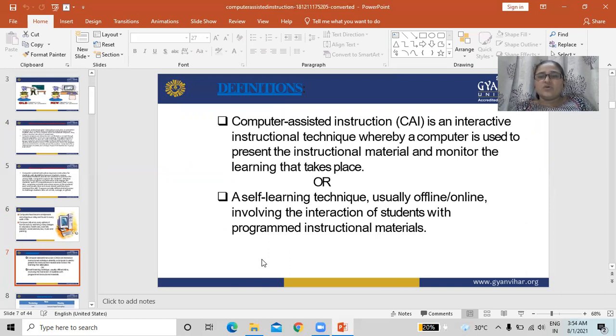Next, definition of computer assisted learning: a self-learning technique, usually offline or online, involving the interaction of students with program instructional materials.